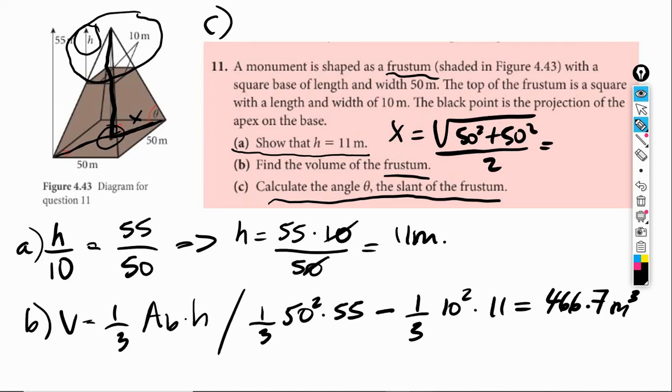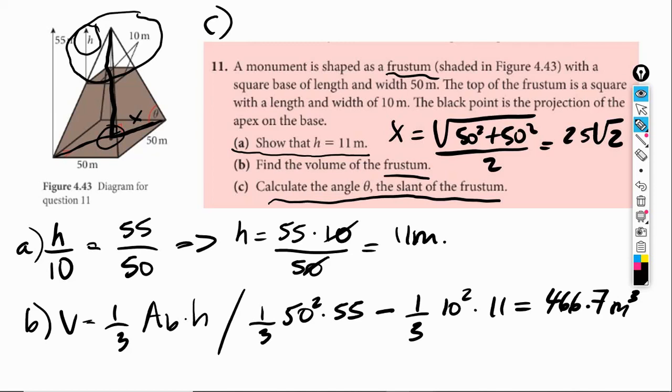And if you plug that in the calculator, it's going to give you something around 25 square root of 2. So once we have that, we have all the information required to find the slant.